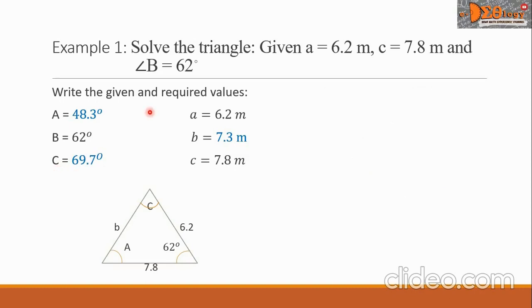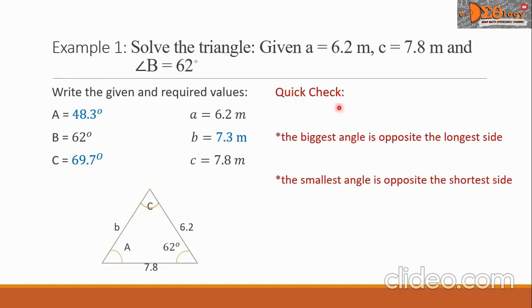We are now complete with the required values. For our quick check if the answer is correct, it says here the biggest angle is opposite the longest side. The biggest angle here is 69.7 and the longest side is side C, which is 7.8 meters.